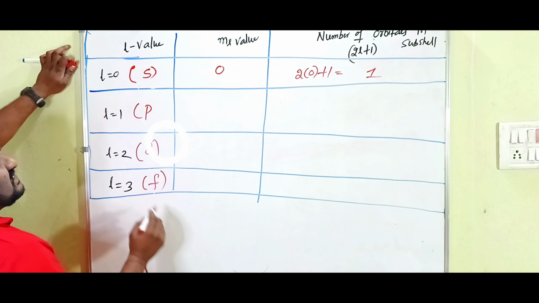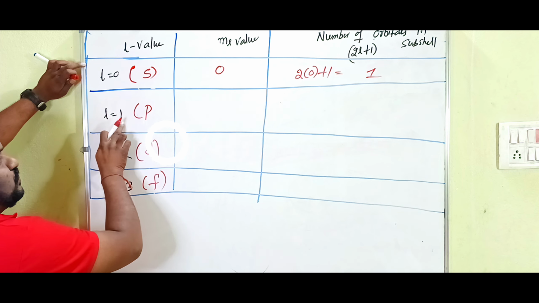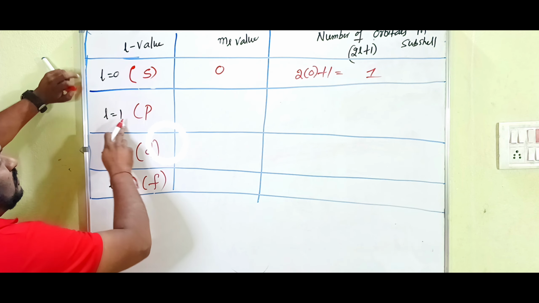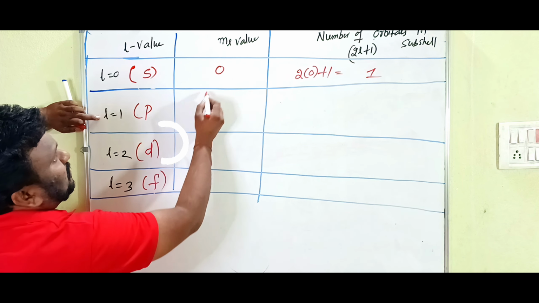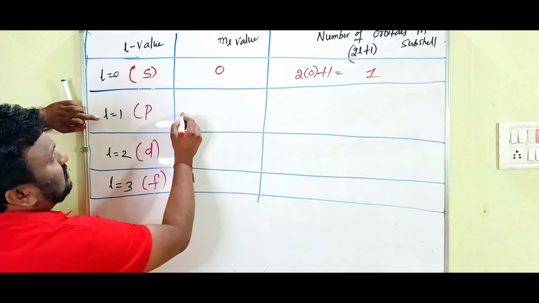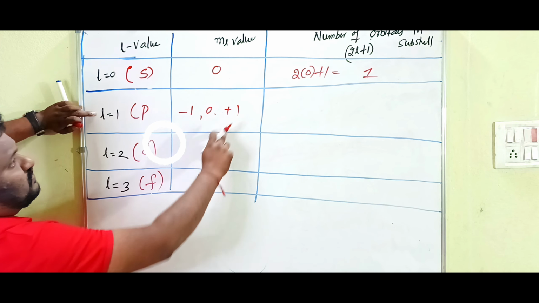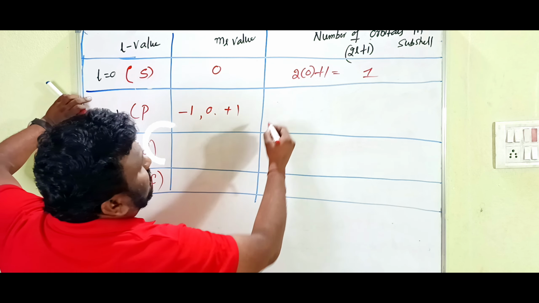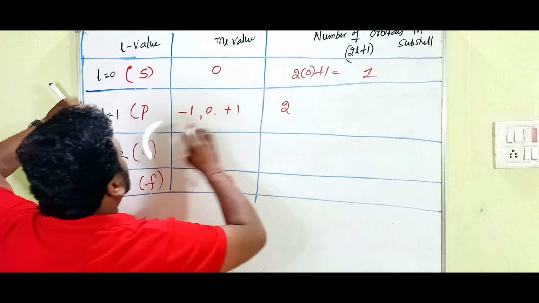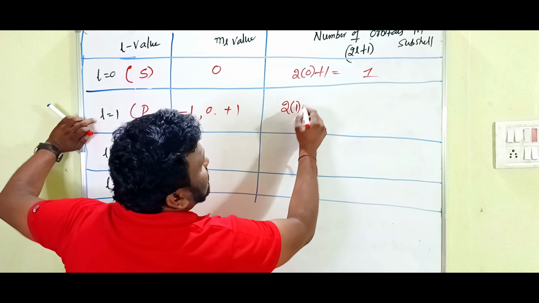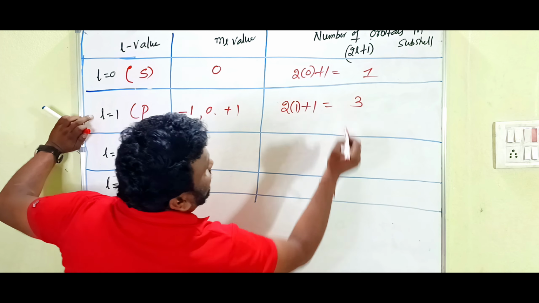Clear? Similarly, when l equals 1, the m_l values are minus 1, 0, plus 1. Here 2l plus 1 is 2 into 1 plus 1, that is 3 orbitals.